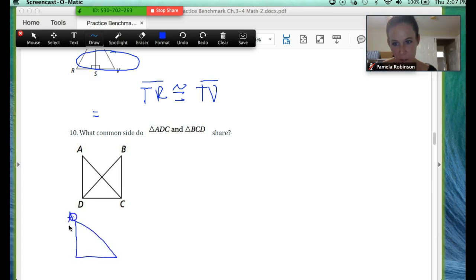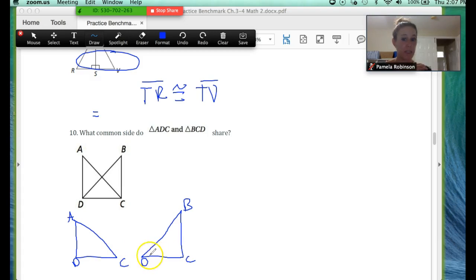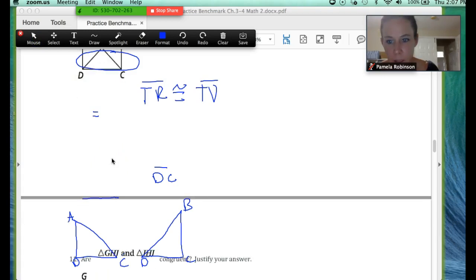But you should be able to see which side they share because it's on top of itself. You can see DC is the same in both. This is the side they share, DC.